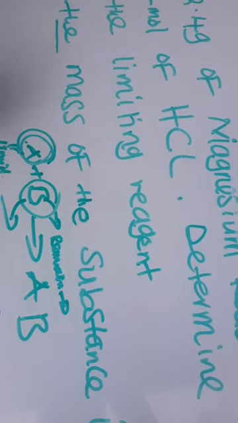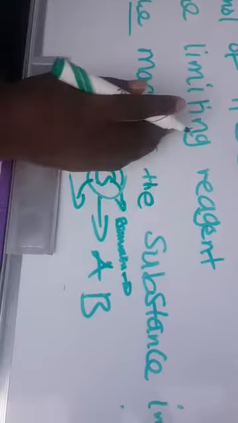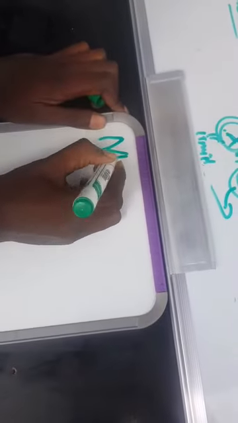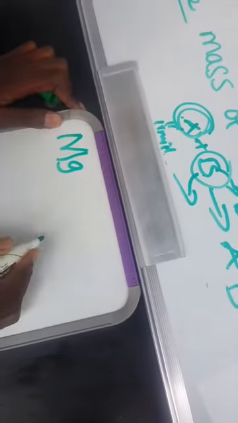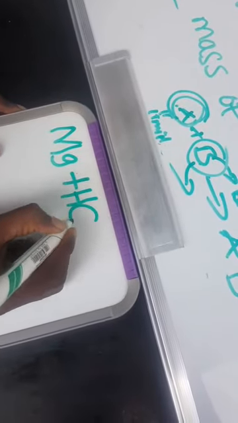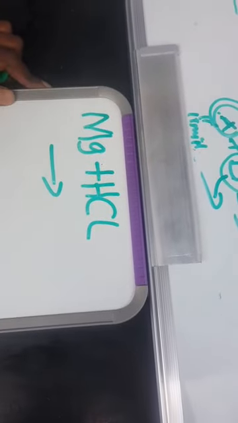To solve this question, first of all, you need to write a correct balanced chemical equation. We know that you have magnesium reacting with hydrochloric acid. When the two react, we have a metal reacting with an acid.